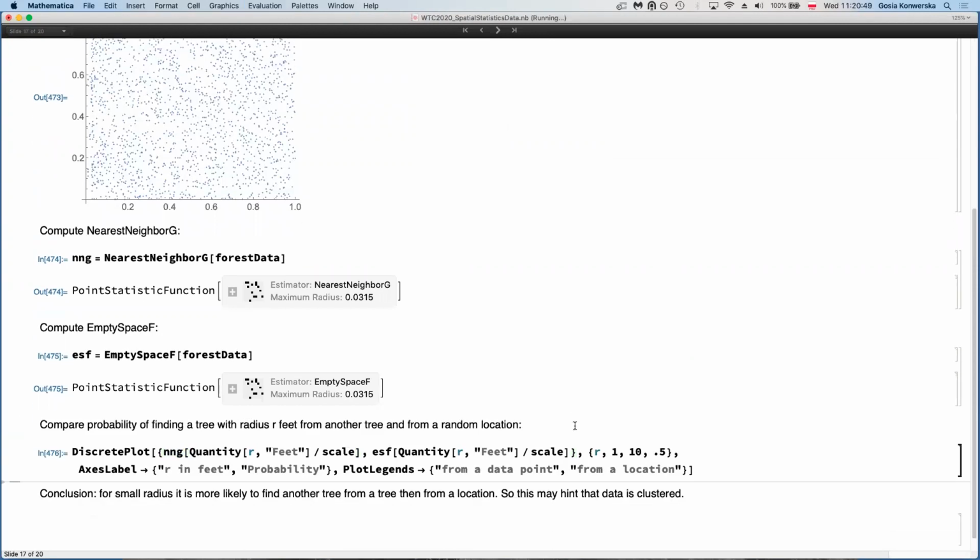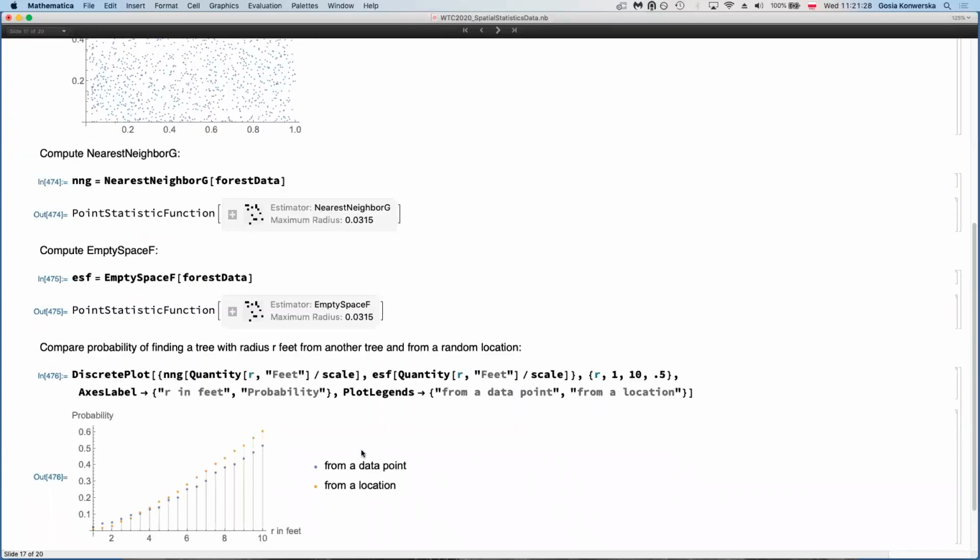So what I do here, I plot nearest neighbor G, and I scale it to feet, so it will give you the probability of finding a tree within radius r feet from either another tree or a random location within the observation region.